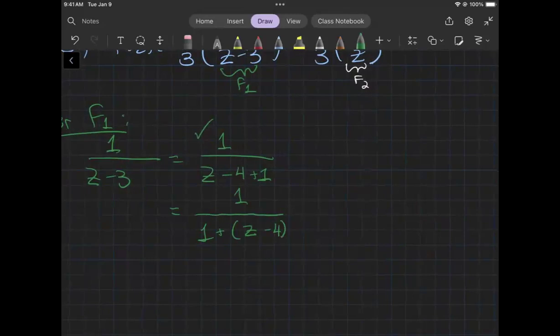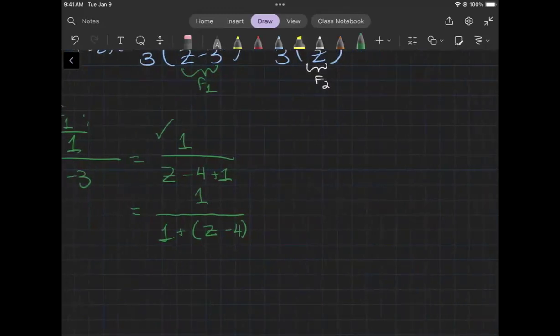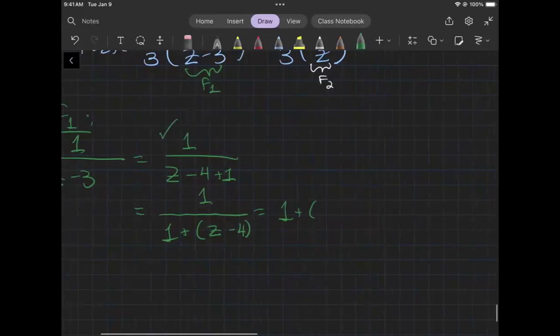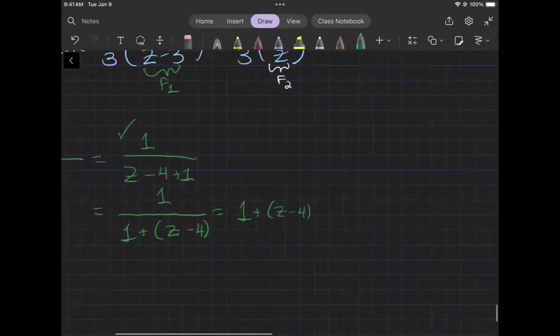And so what this will equal is a geometric series: 1 plus z minus 4 plus z minus 4 squared plus z minus 4 cubed plus, and this pattern keeps going.